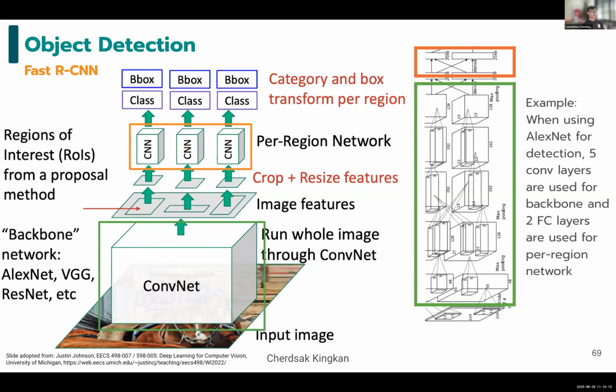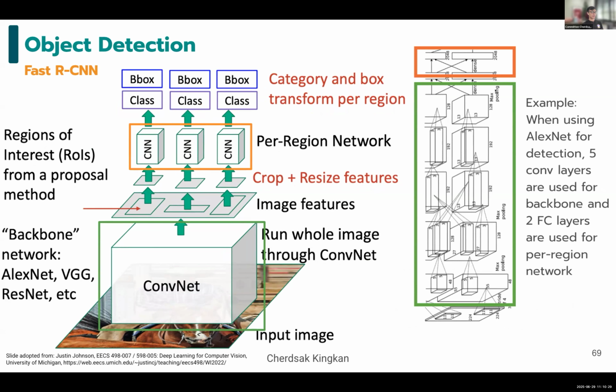For example, if we are using AlexNet, we could use the first 5 layers as the backbone network here. At the end of this, we get the image features.